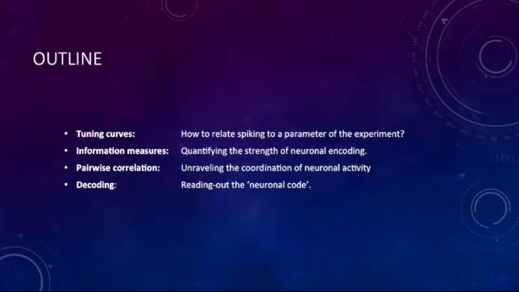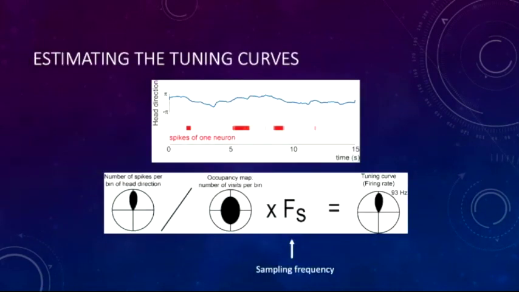Then we'll spend some time to understand how to really compute pairwise correlation, which is the first level of neuronal population analysis. And then at the end, we'll discuss together how we can decode information from a population of neurons. All right? So let's start with the tuning curve.